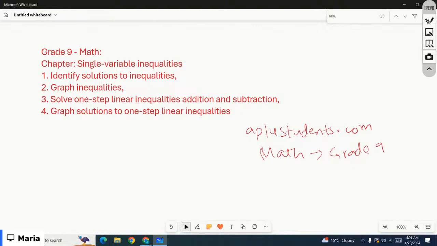There you can find a list of the chapters. We're going to start with the chapter single variable inequalities.